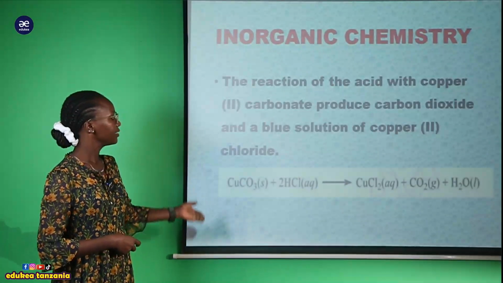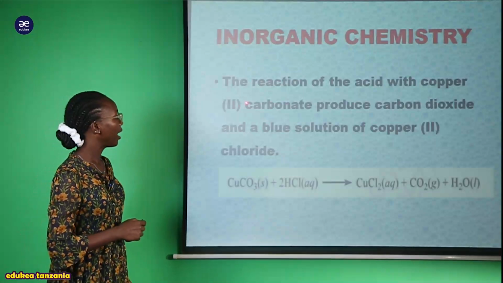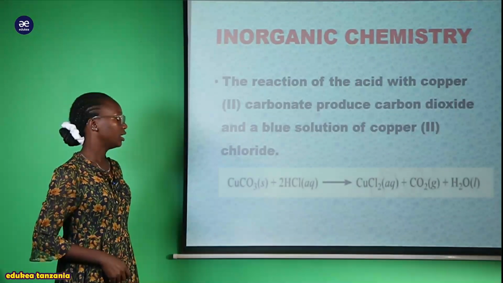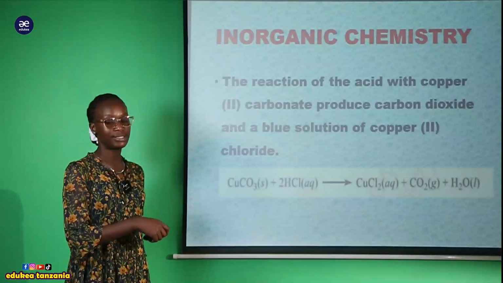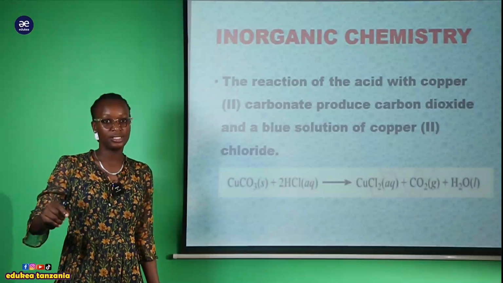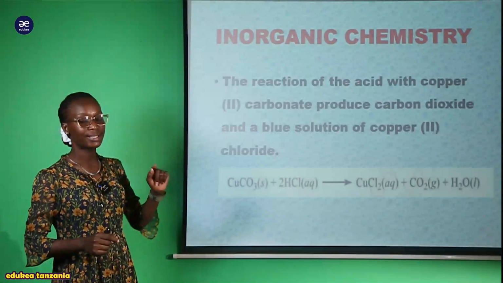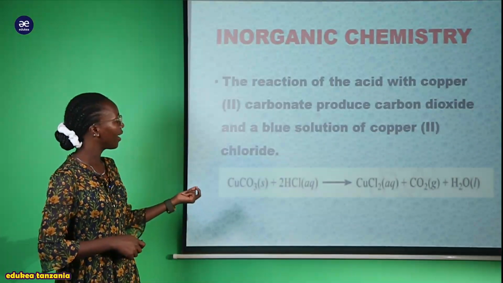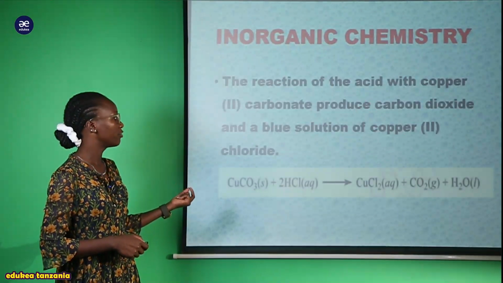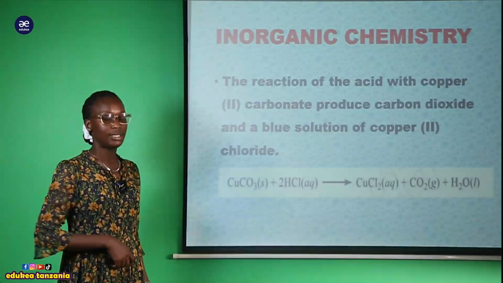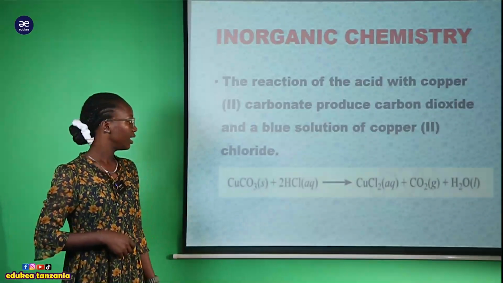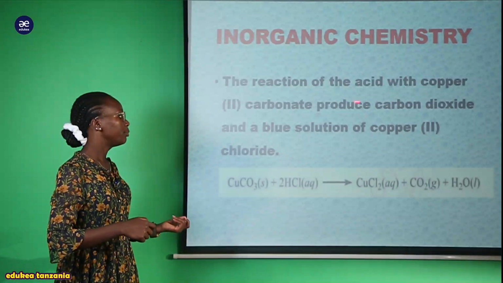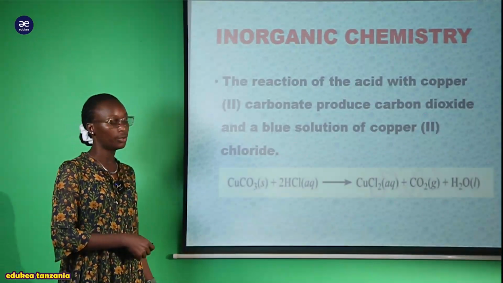So here let us proceed with that concept, ambapo hapa tunaenda kuona the reaction of the acid with the copper 2 carbonate. Ina maana tunaangalia zile mineral acids, the way zinavyoreact na hizi carbonate compounds or the metal carbonates. So here we have the metal carbonate of the copper 2 carbonate. It reacts with this acid and it tends to produce carbon dioxide and a blue solution of the copper 2 chloride.